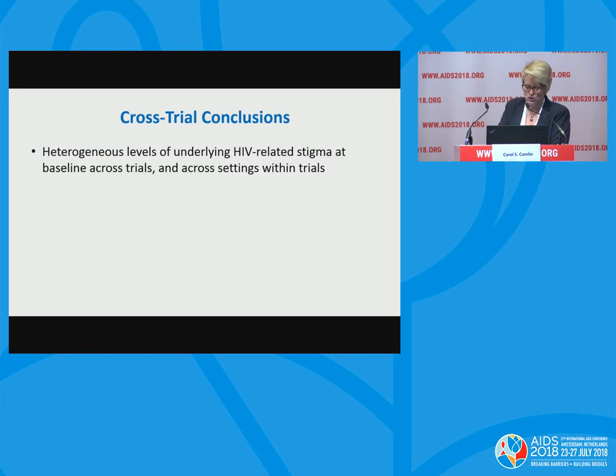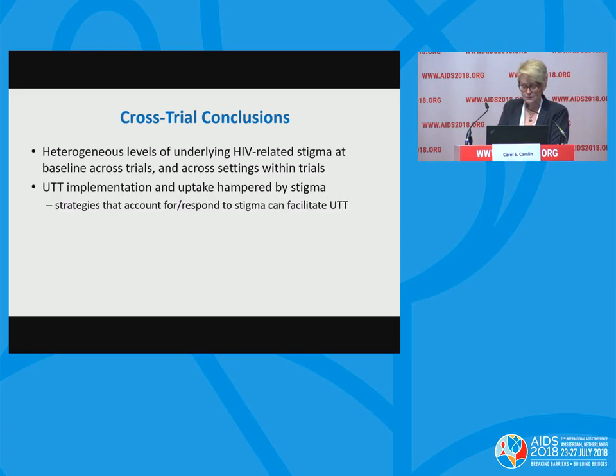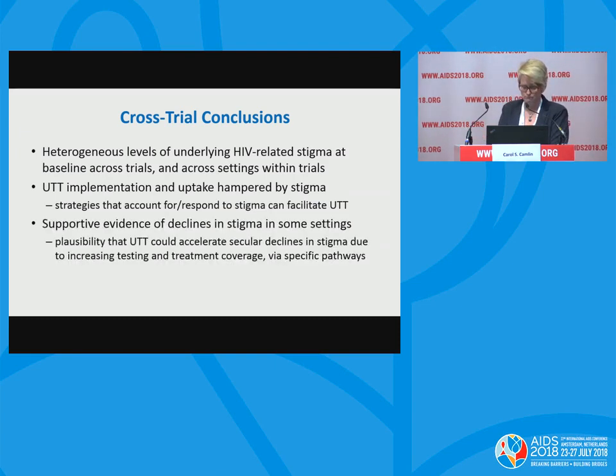There were heterogeneous levels of underlying stigma at baseline across the trials and even within trials across settings. The implementation of test and treat and the uptake of test and treat interventions was hampered by stigma. Aspects of interventions that accounted for stigma or responded to stigma really facilitated test and treat.